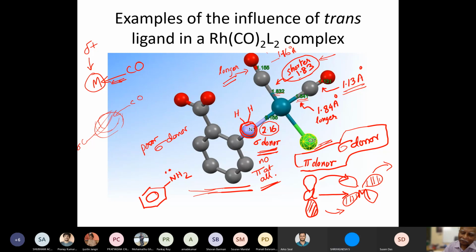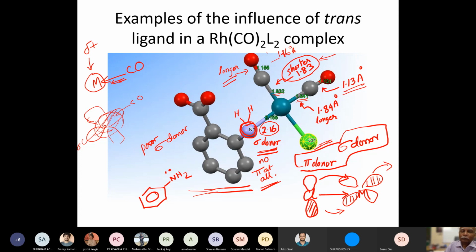Yes, sir. Yeah, so they're all shared effects. You cannot isolate them. You can isolate sigma and pi to a certain extent, but the trans ligand is the strongest interaction.